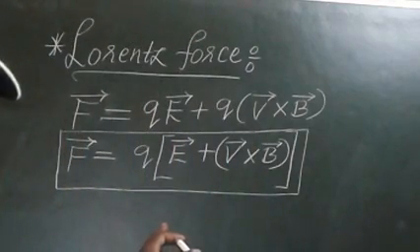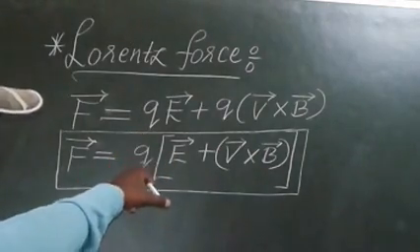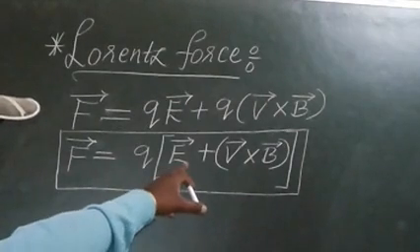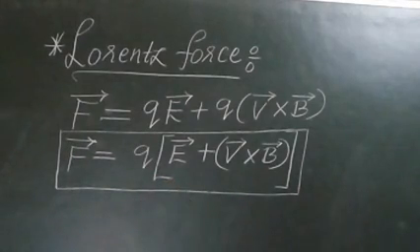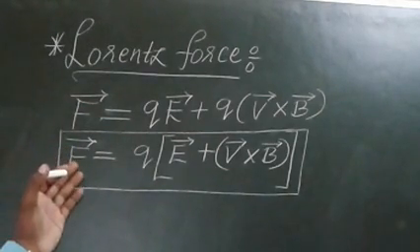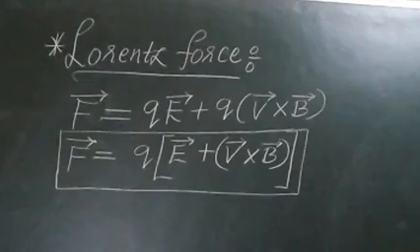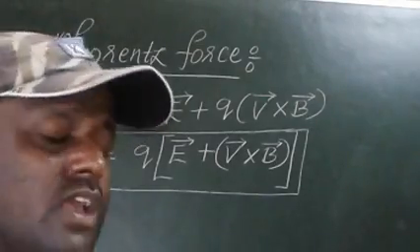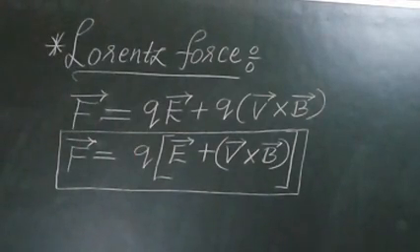So there is no magnetic force, no Lorentz force acting on the particle, only electric force will be present. If V becomes 0, you have F equals QE. In the absence of speed, if the particle is not moving at all, then the particle will have only electric force, that is F equals QE. Magnetic force is 0. Try to understand: only a moving charged particle can give rise to magnetic force.